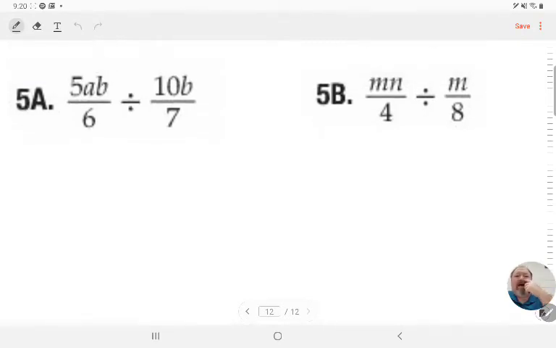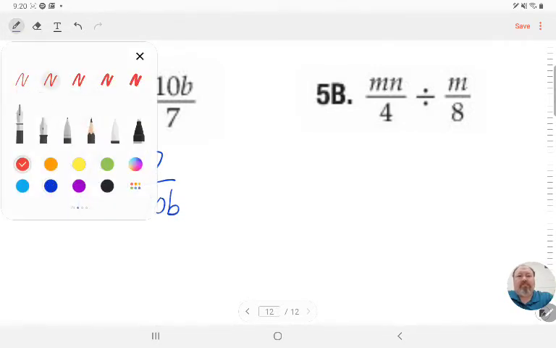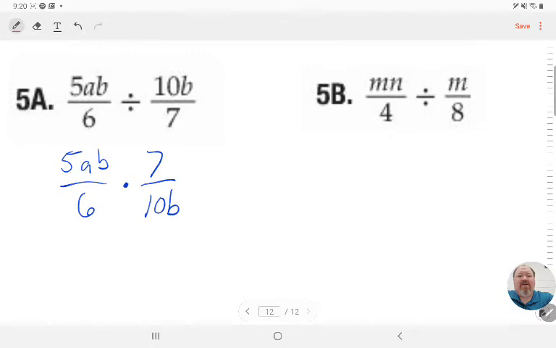We have 5AB over 6 divided by 10B over 7. So I would say 5AB over 6, change to multiplication, change to its reciprocal, 7 over 10B. Then I look if I can simplify. Well, the 5 goes into 5 1 time, and 5 goes into 10 2 times.